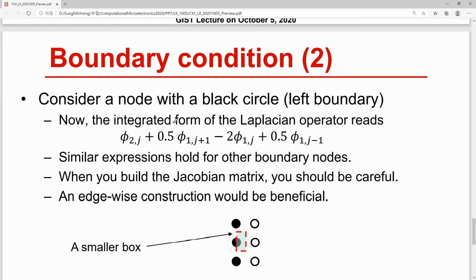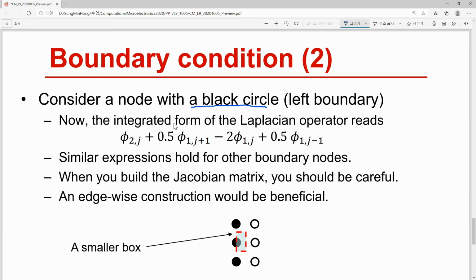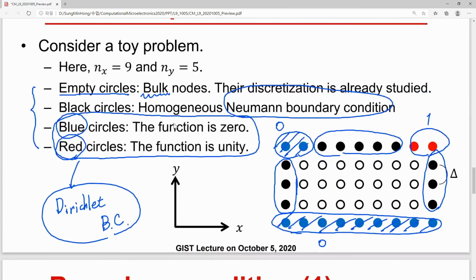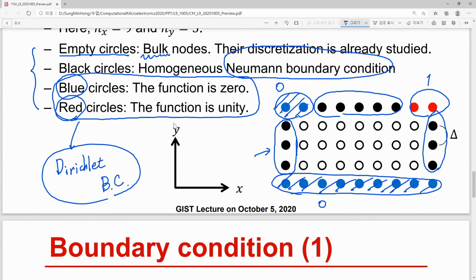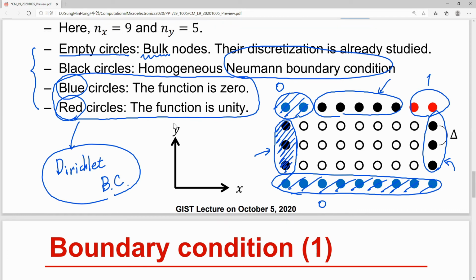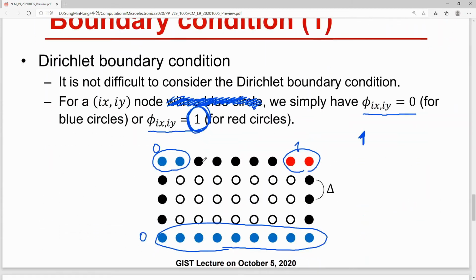And the more tricky one at first glance is the Neumann boundary condition. Consider a node with a black circle. Typically we can find it in our structure at the left boundary, top boundary, and also right boundary. In order to make our discussion concrete, let's concentrate on the left boundary, but you can apply the same argument to the top and right boundaries when the homogeneous Neumann boundary condition is applied.